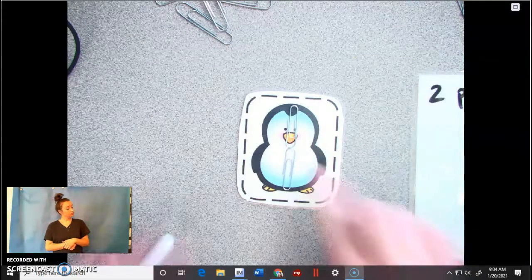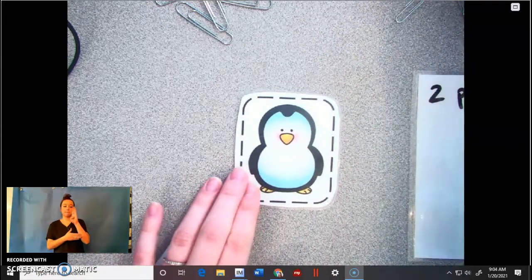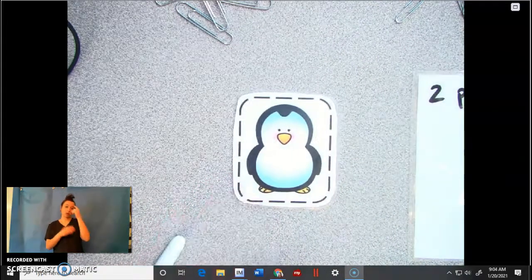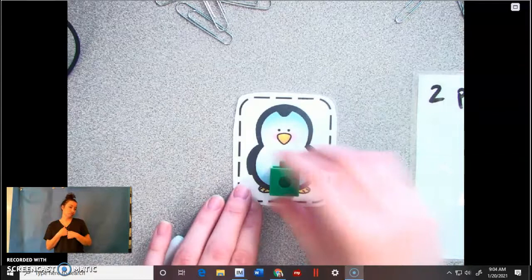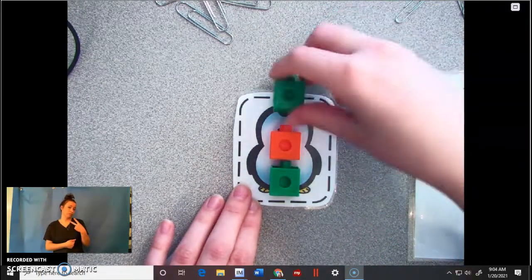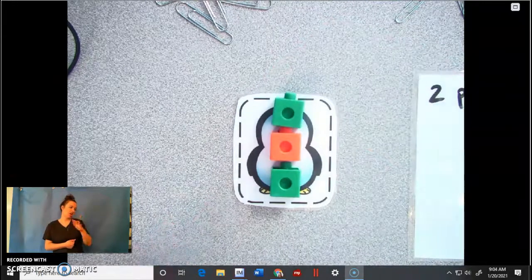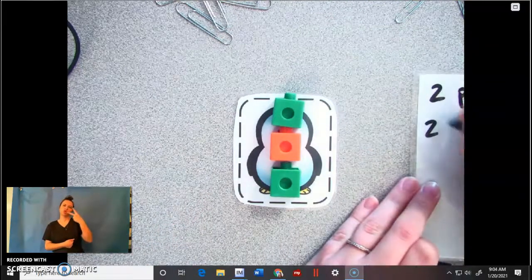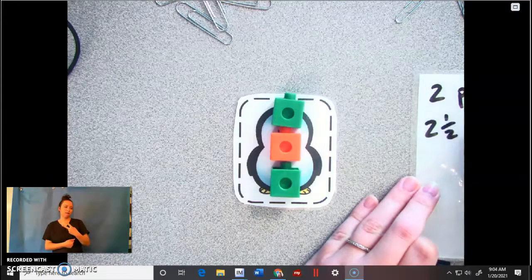Then let's see how many blocks. Do you think it's going to be more or less blocks? 1, 2. He's about 2.5 blocks. So he's more blocks tall.